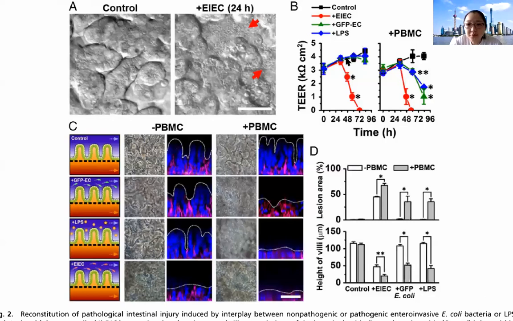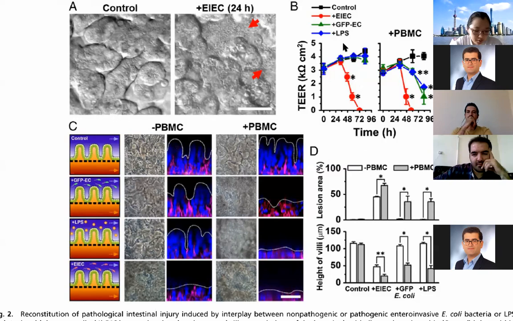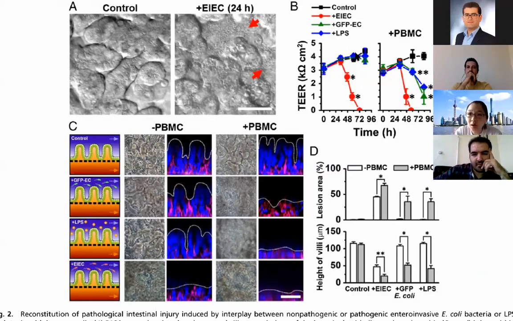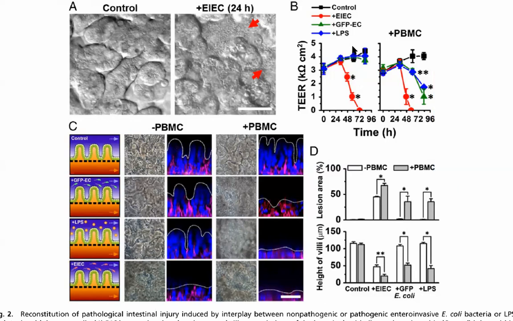So we can see from this picture that when they add the EIEC into the upper channel, the TER actually decreased very seriously, meaning the barrier function was destroyed by the EIEC, by this kind of bacteria, and not by the other two groups, like the good bacteria GFP E. coli or the LPS.